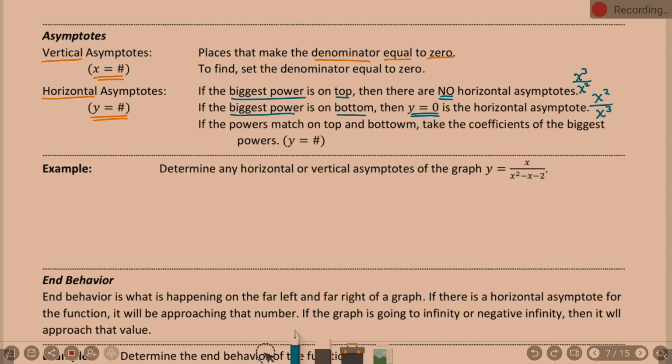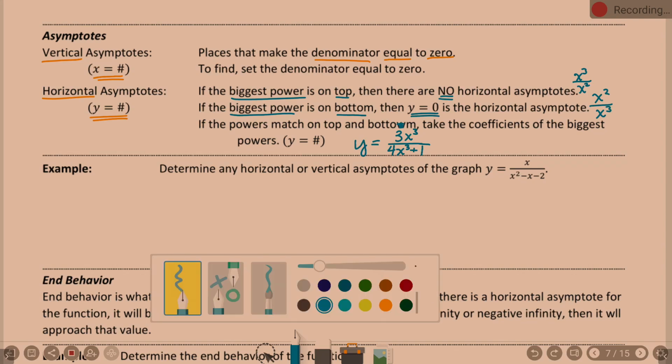Now, if powers match on top and bottom, take the coefficients of the largest powers. For instance, if I said y equals 3x cubed over 4x cubed plus 1, what do you notice about that example? The powers match, yes.